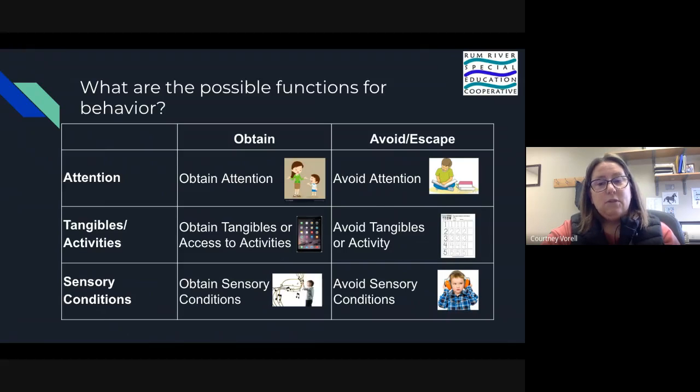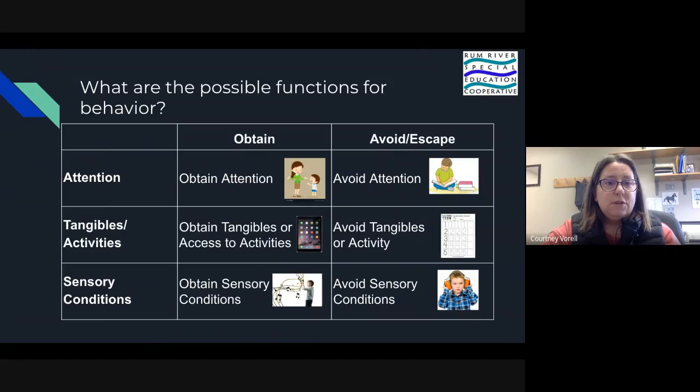Maybe having that worksheet was paired with memories of an earache that they had going on. So there's different things that can be connected with that activity in the past that lead them to want to avoid or escape it in the future. It doesn't always make sense to us, but the reality is we just need to recognize that that's what they're doing and then come up with ways to address it.